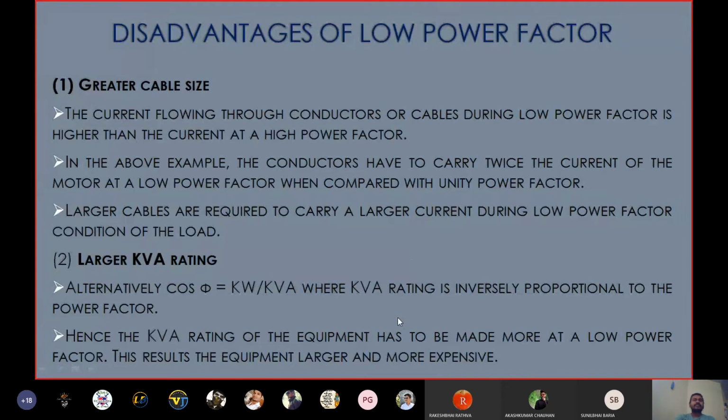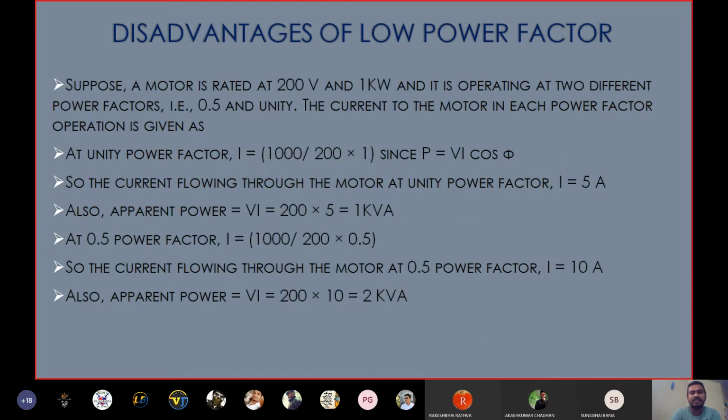So the first disadvantage of low power factor is greater cable size. How does cable size increase? The current flowing through the conductor or cable during low power factor is higher than at high power factor. Here we have seen the example: the motor is the same, but at unity power factor it takes 5 ampere, and at 0.5 power factor it takes 10 ampere.